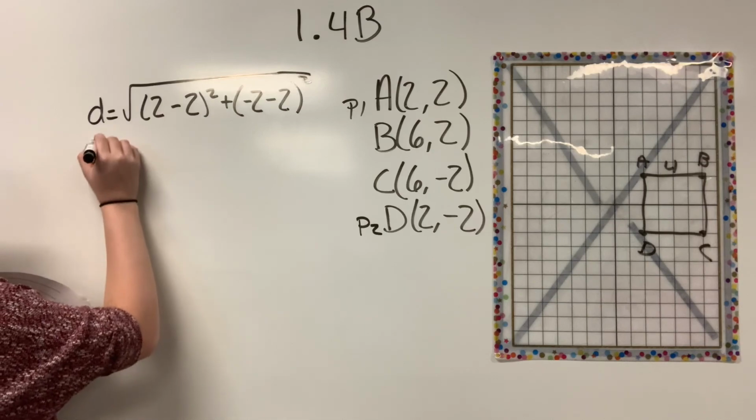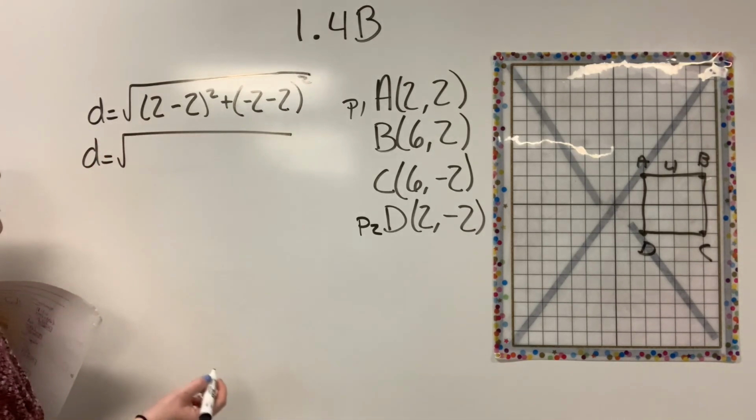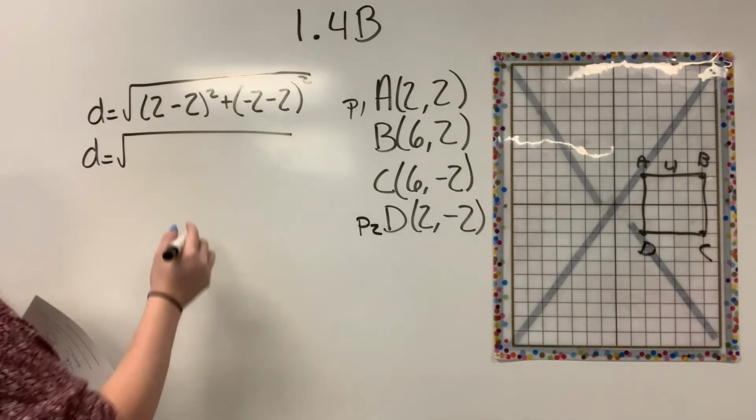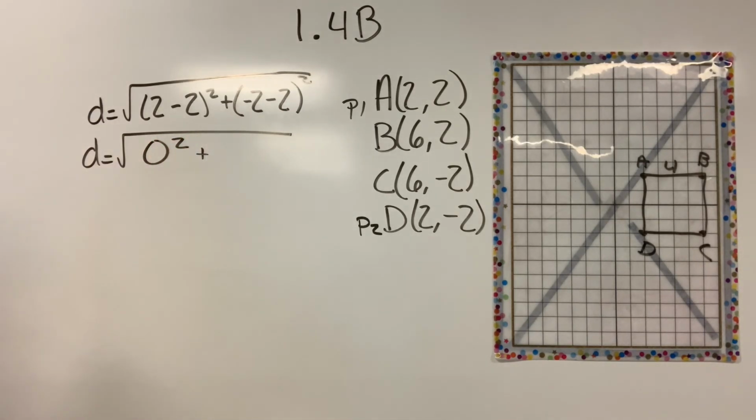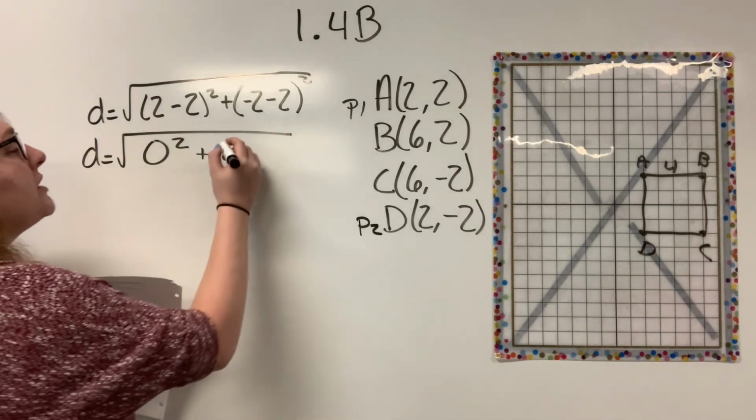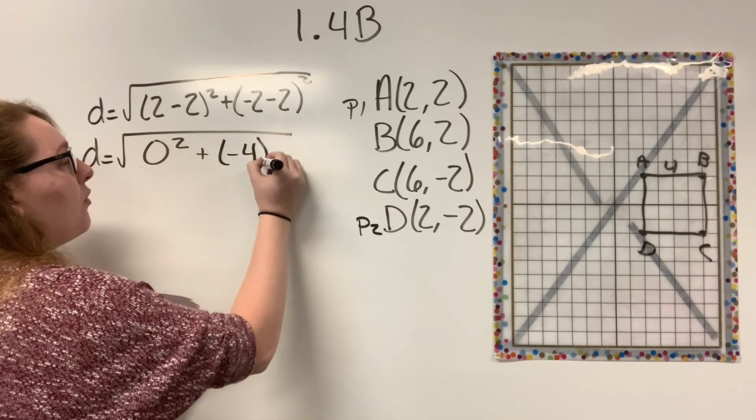Okay? D is equal to the square root of 2 minus 2 squared gives you 0 squared, plus a -2 take away 2 is going to give you a -4 squared.